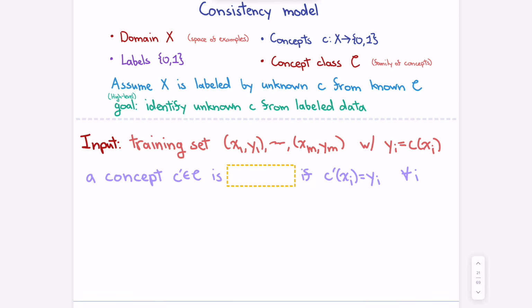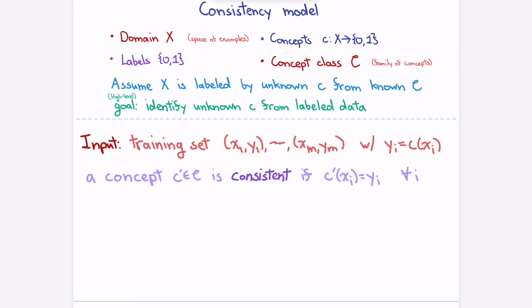Okay. So given training labeled data, labeled by some concept, and you have some other concept C prime, we're going to say it's consistent if it agrees with all the labels.